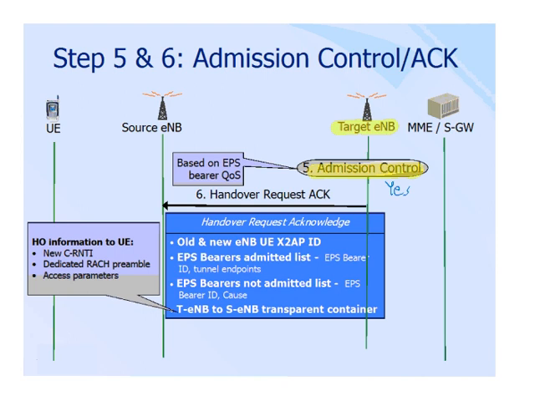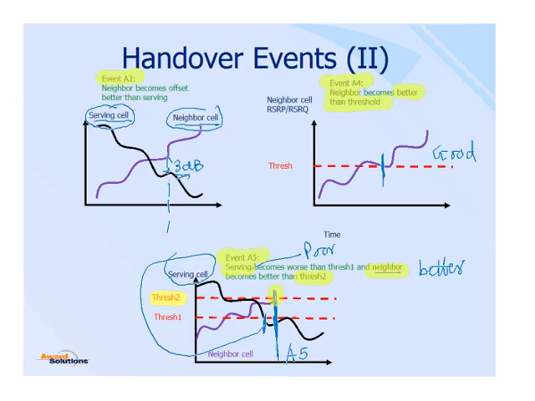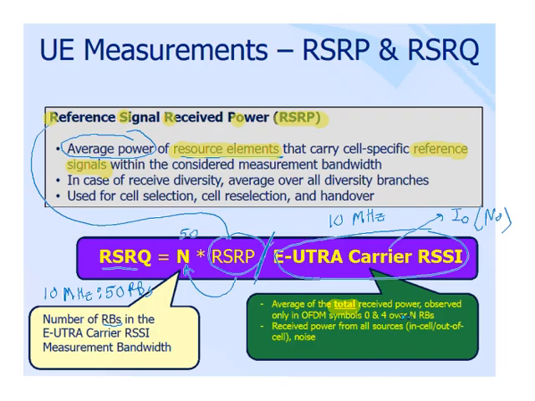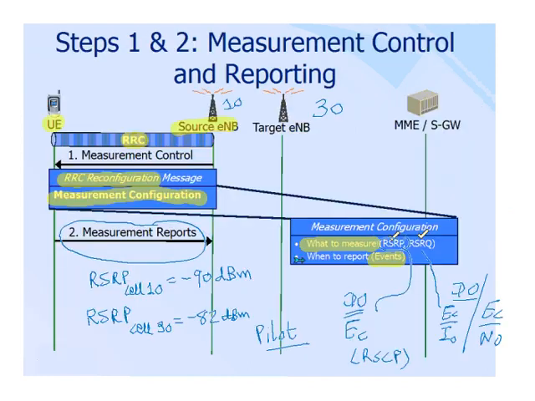In general, the control is with the E node B. As you can see from this slide, when should the terminal send a report depends on the events. So when certain events occur, then the terminal will send a measurement report.